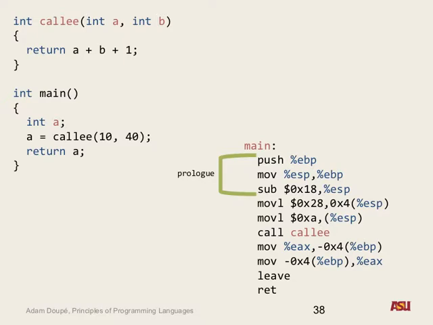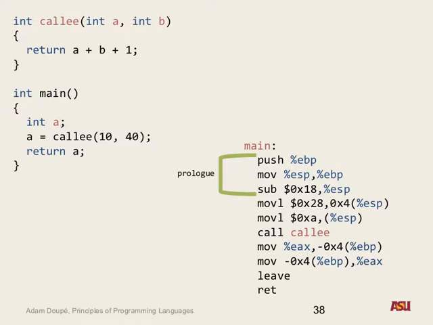This push EBP is storing whoever calls main's base pointer on the stack. Then it's setting up its own stack frame by saying, okay, wherever the stack currently is, set the base pointer to be wherever the stack currently is. And then it's subtracting hex 18 from the stack pointer, which is creating space on the stack for main's local variables.